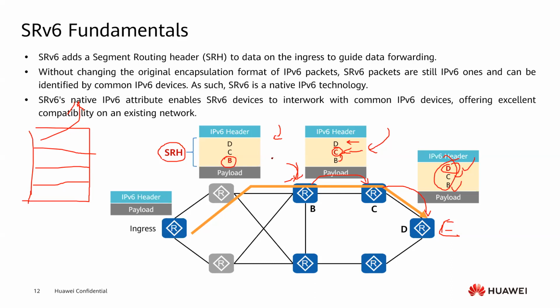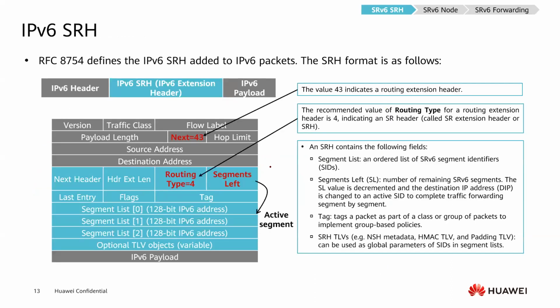Okay, so what does SRH really look like? First, the SRH, of course, is behind the IPv6 header. It will be encapsulated behind the IPv6 header, and the next header is 43, protocol ID 43, and it indicates this is SRH.